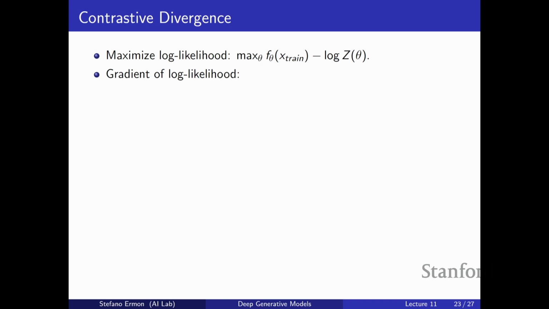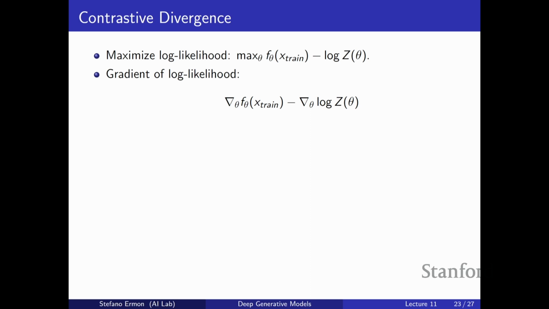And so just like before, we want to increase the f theta on the training set while decreasing the total amount of unnormalized probability mass that we get by changing theta by a little bit. So really what we want is the gradient of this difference, which is just the difference of the gradients.